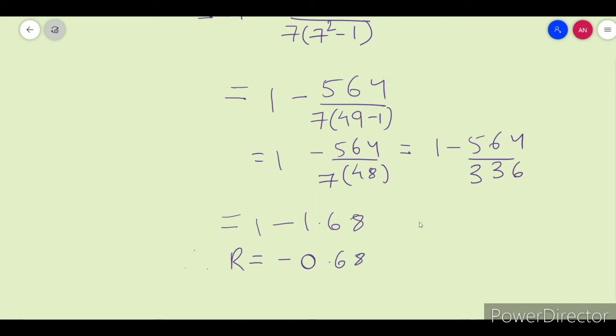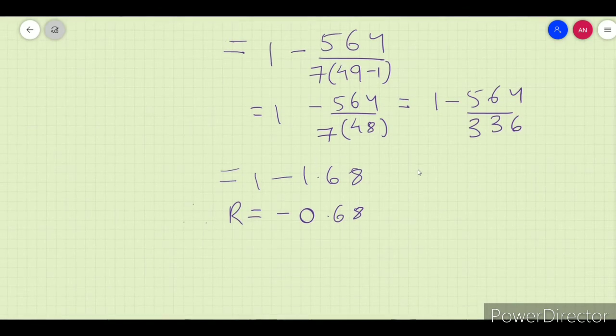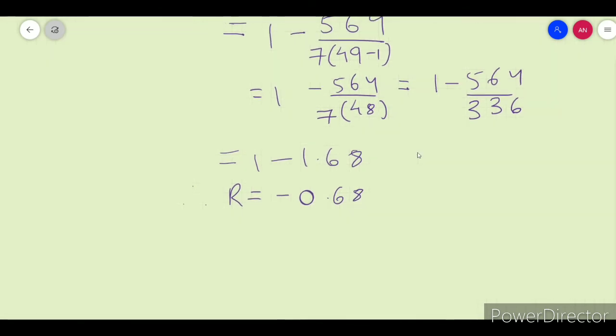So that is the rank correlation between the rankings of students in the two subjects.